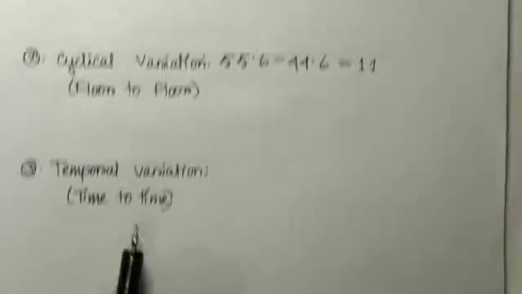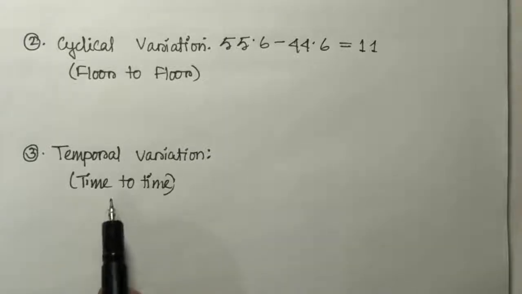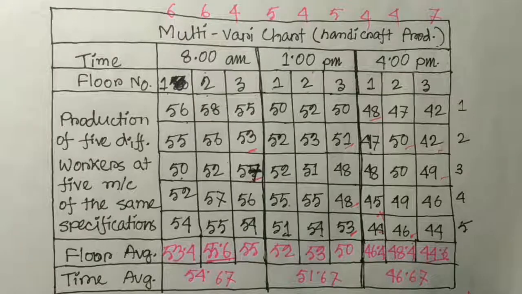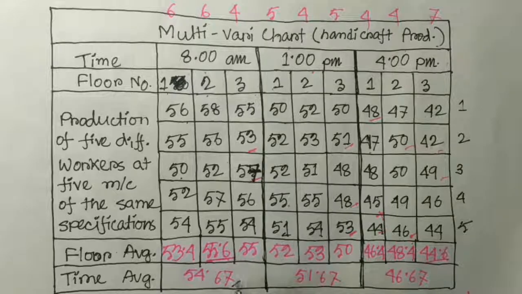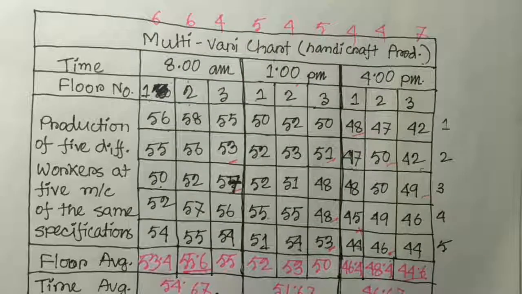Now we have to find our temporal variation, which occurs between time to time. What is the maximum time average? 54.67. What is the minimum? 46.67.